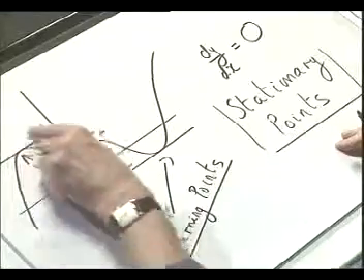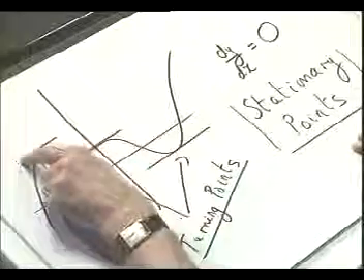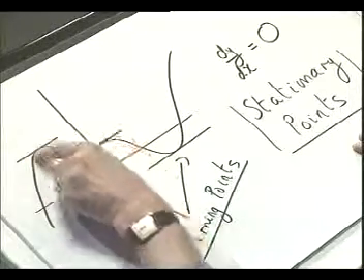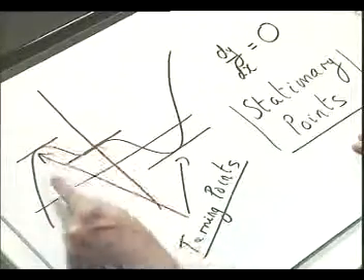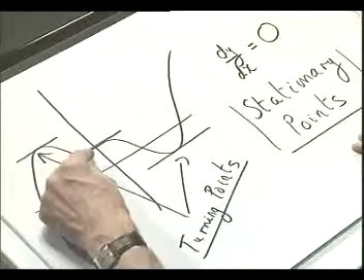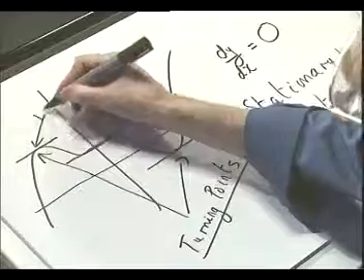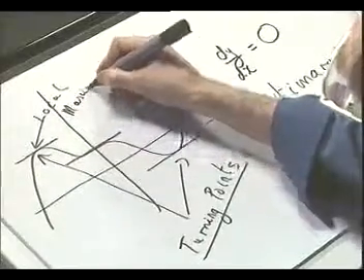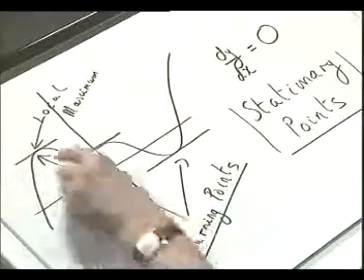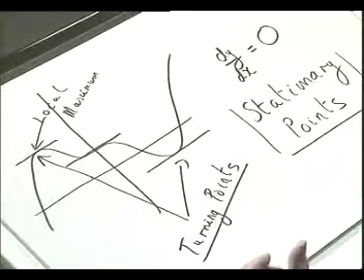Now let's have a look at the nature of this particular turning point. In the immediate area of it, the curve has no bigger value. We go up, we reach a value, and then we go down again. So this point is called a local maximum, because in the immediate vicinity, there is no bigger value.